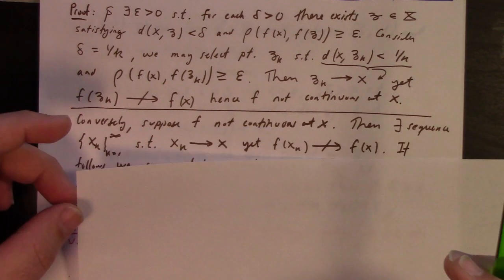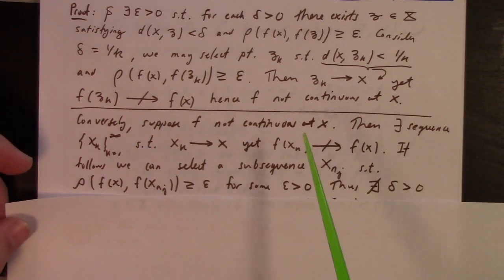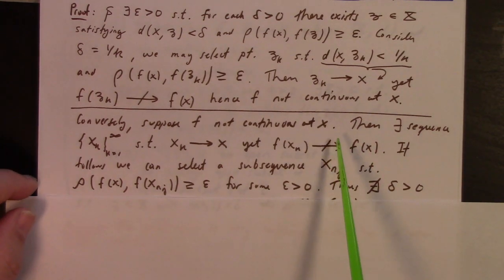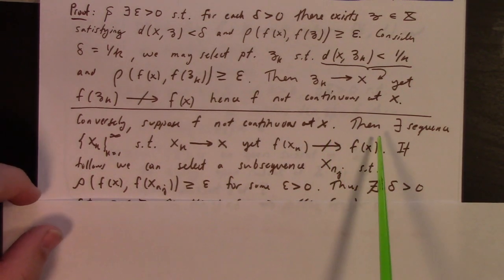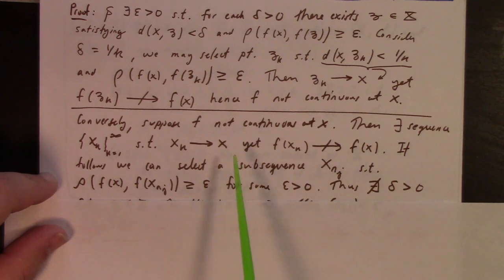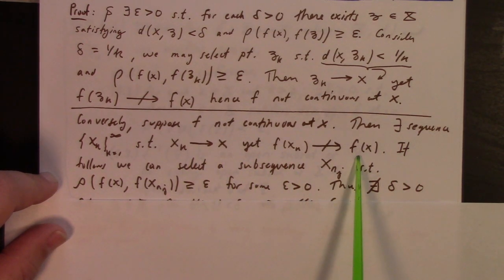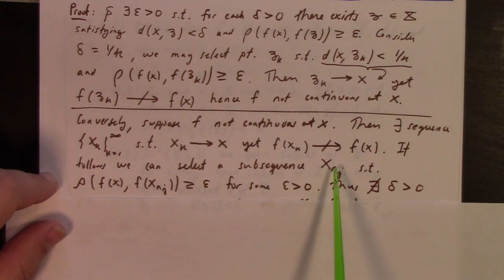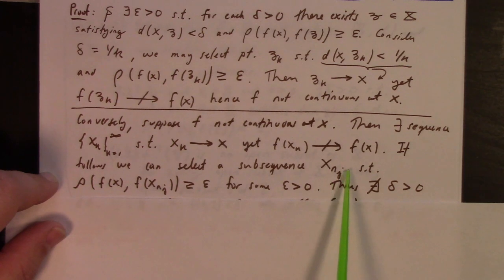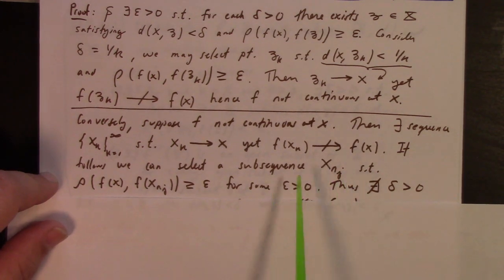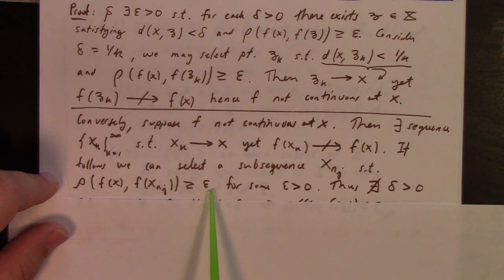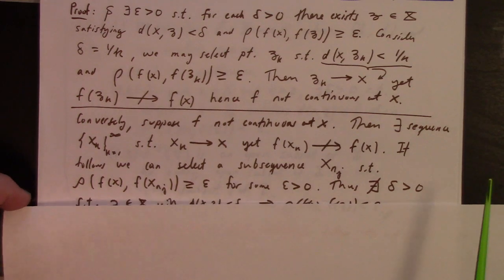All right, and then conversely, suppose that we don't have sequential continuity at x. In other words, there's some sequence going to x, and yet the values of the sequence don't go to f of x. Gamelin and Green suggest we can find a subsequence, this is my notation, not theirs, x sub n_j, such that the subsequence is further than epsilon away from the image for some epsilon positive.